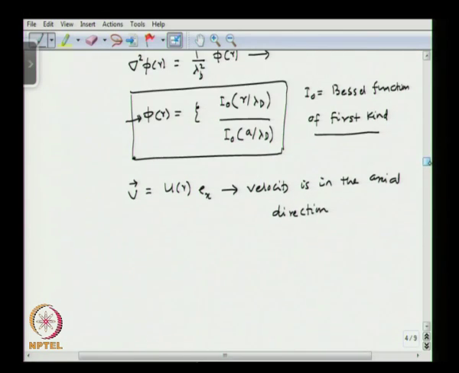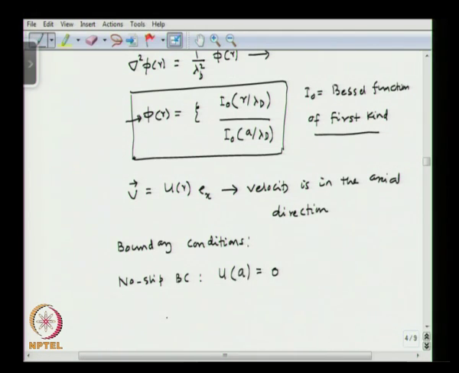Then we can write down the boundary conditions. So, we have the no slip boundary condition, which is the velocity at r equal to a, at the perimeter, is going to be 0.